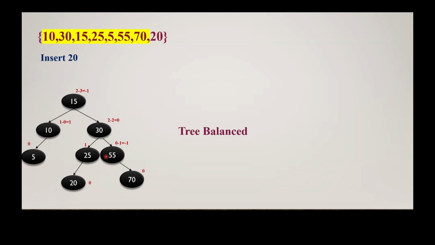You don't have to do any rotation. If it is imbalanced, meaning other than these three values, then you have to do a rotation, depending upon the sequence in which the insertion is done.